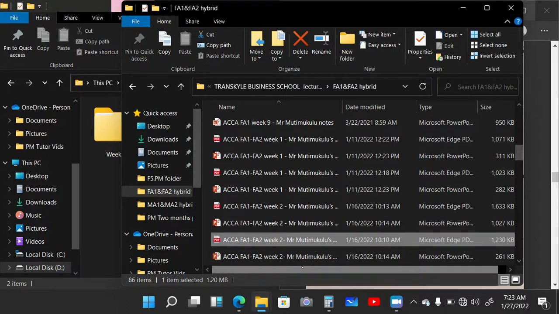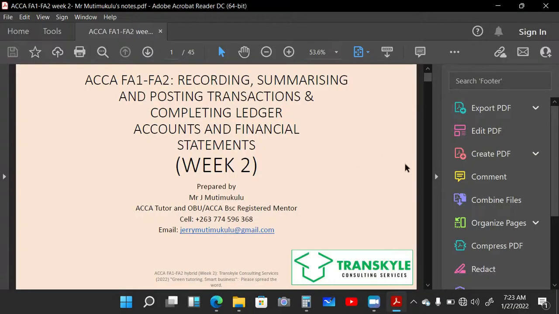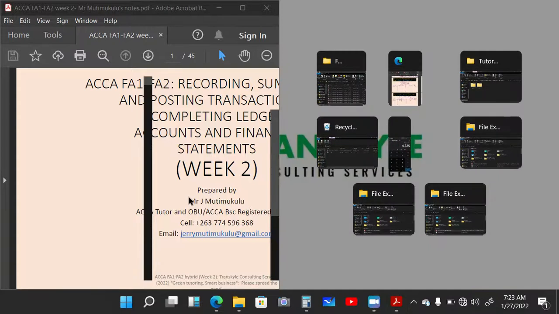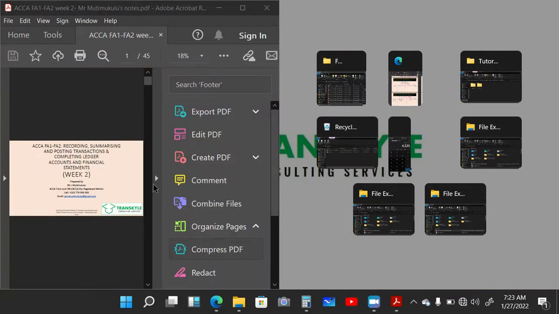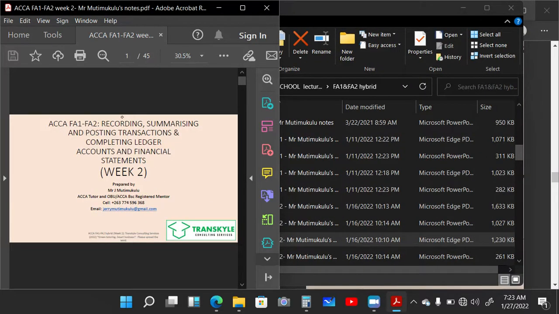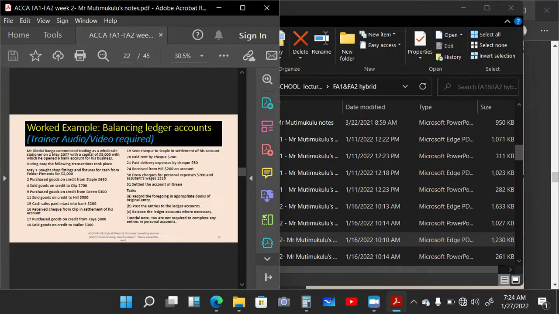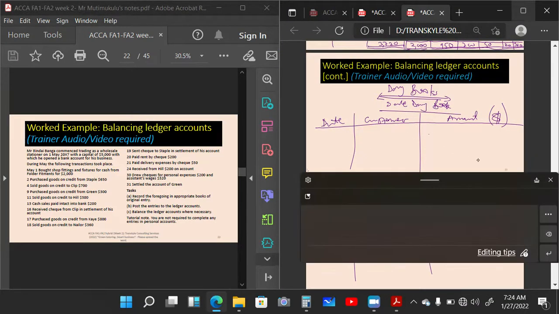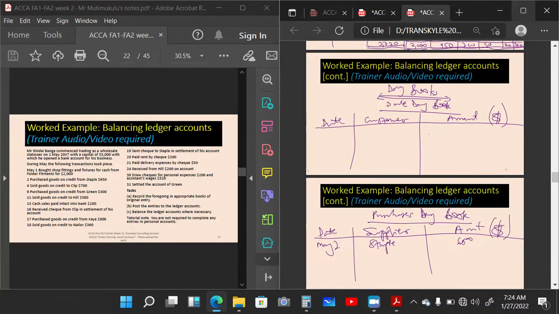I'm trying to open this document with Adobe Acrobat Reader so that we do our studies in a better way. Okay, good.